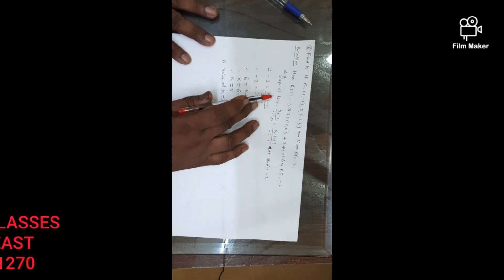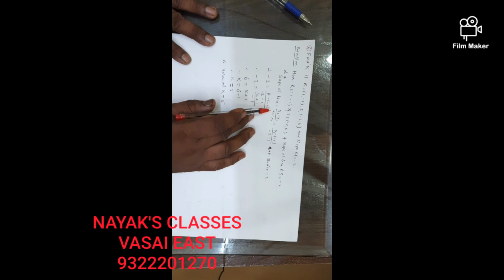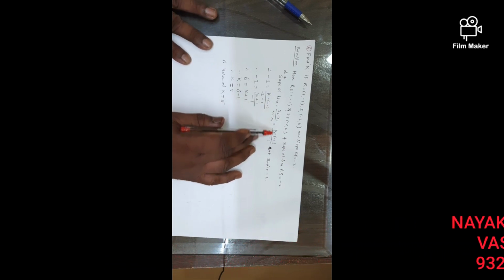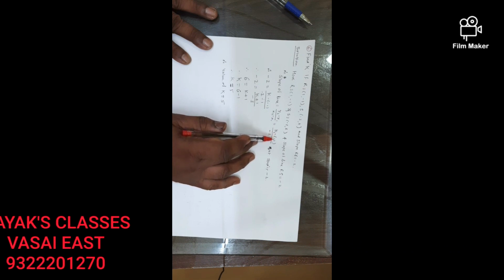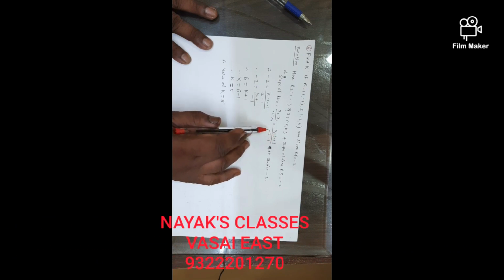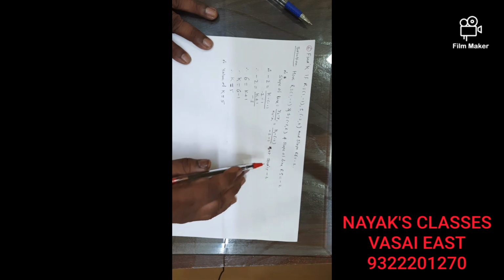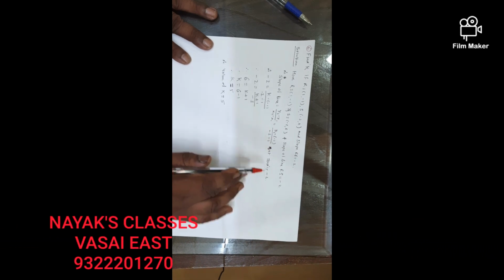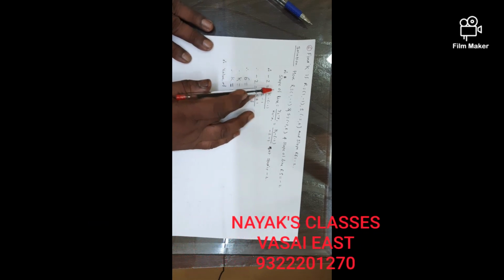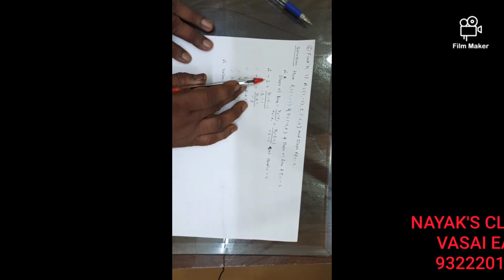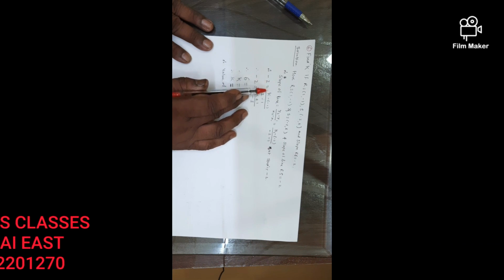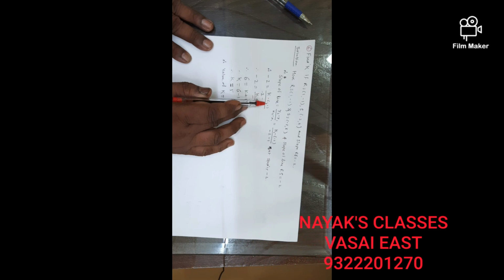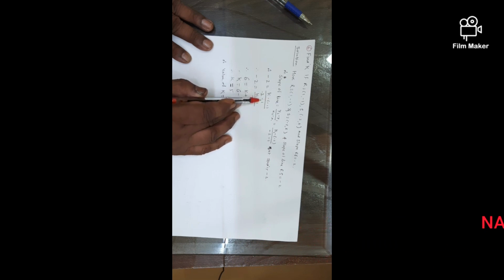Therefore, slope is y2 minus y1 upon x2 minus x1, which is k minus (-1) upon -2 minus 1. But the slope is given as -2. Therefore, putting the value of slope, -2 is equal to k minus (-1) upon -2 minus 1.